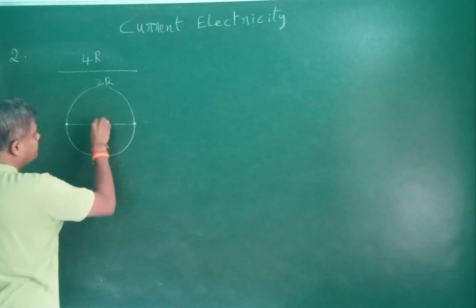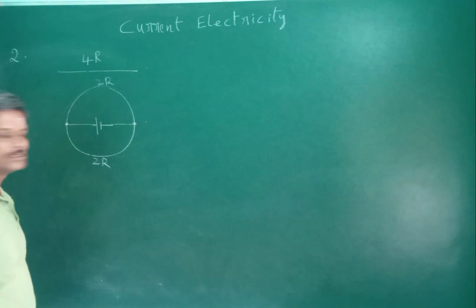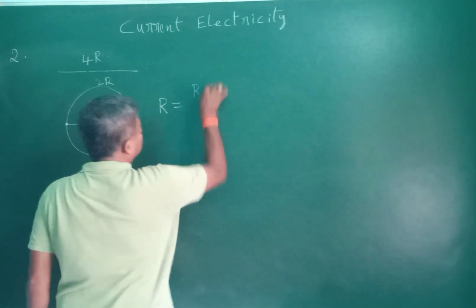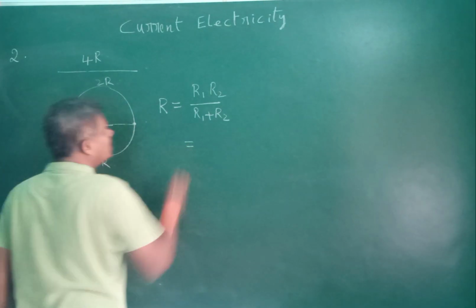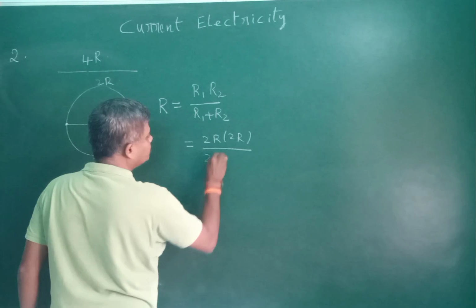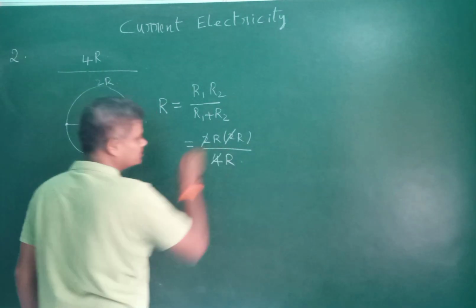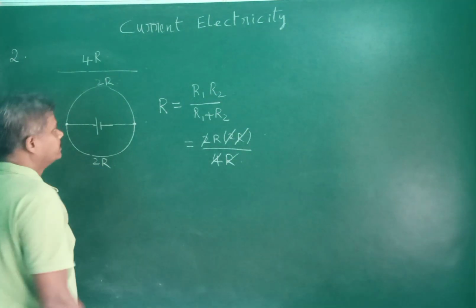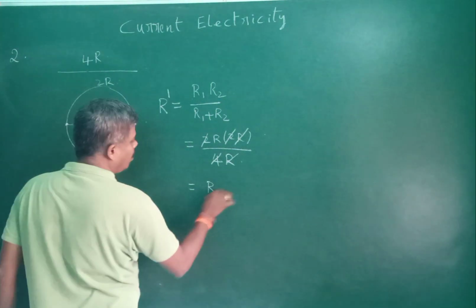If I connect a battery between these two, then these two are in a parallel combination. Then resistance is given by R1 R2 by R1 plus R2, that is 2R into 2R divided by 2R plus 2R, that is 4R. 2 to 4 gets cancelled, R gets cancelled. Then the new resistance is equal to R.